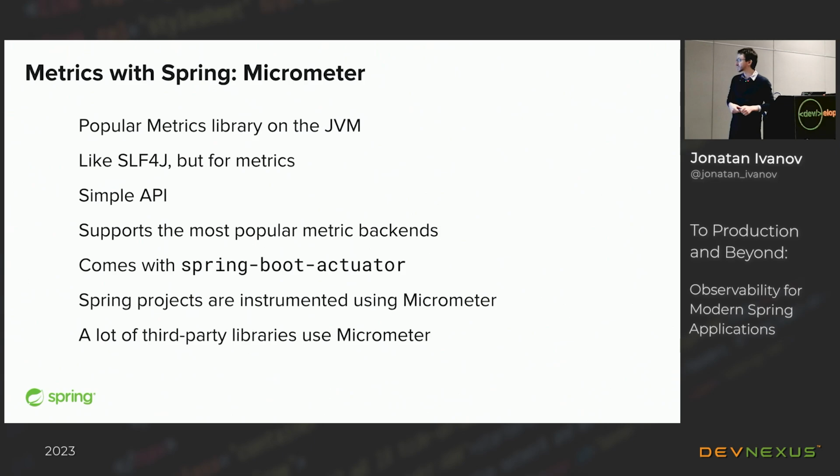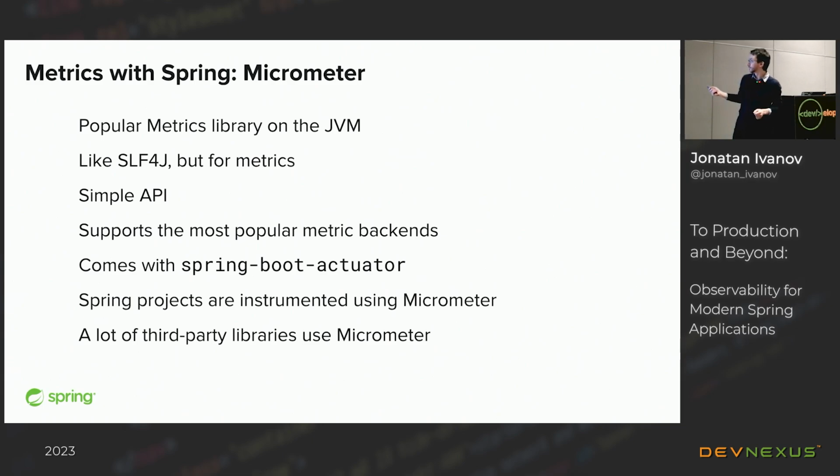Also, Spring projects are instrumenting themselves using Micrometer. And there are a lot of third-party projects that are instrumenting themselves with Micrometer: Micronaut, Quarkus, Hibernate, HikariCP. There is a long list of frameworks and libraries that are using Micrometer natively.